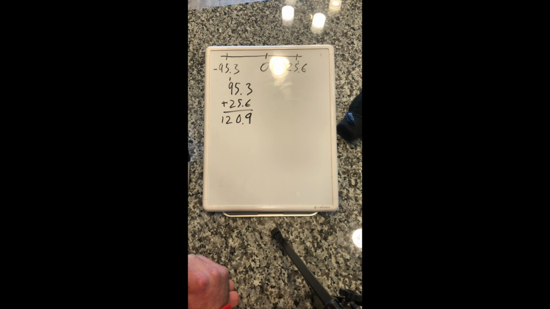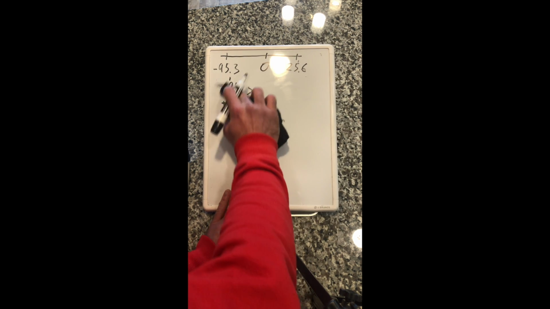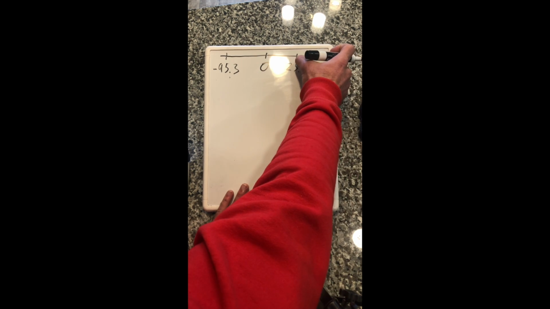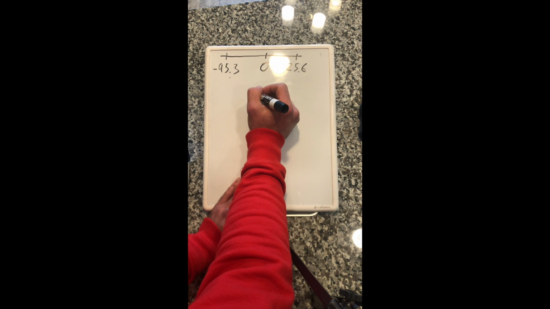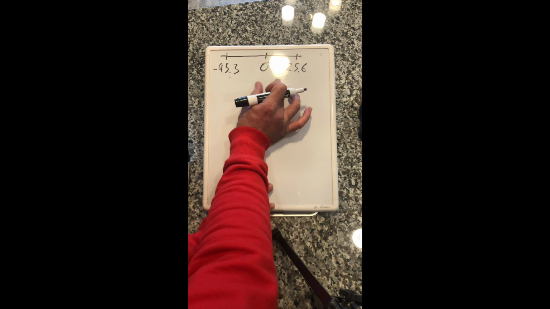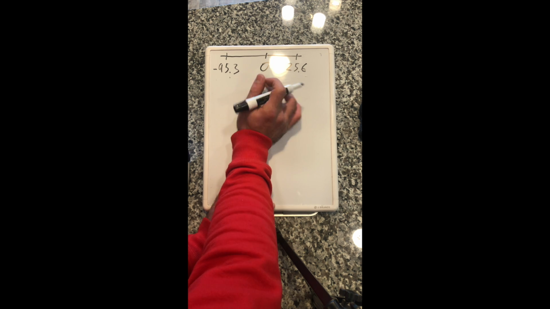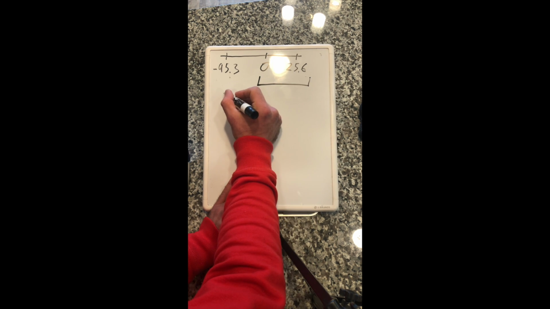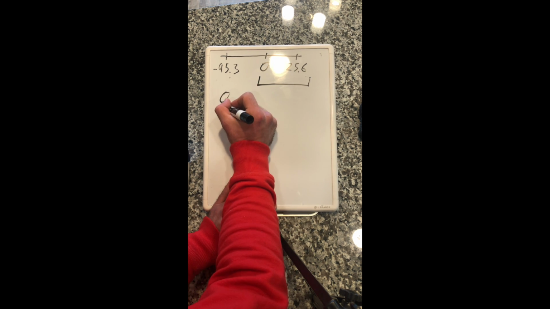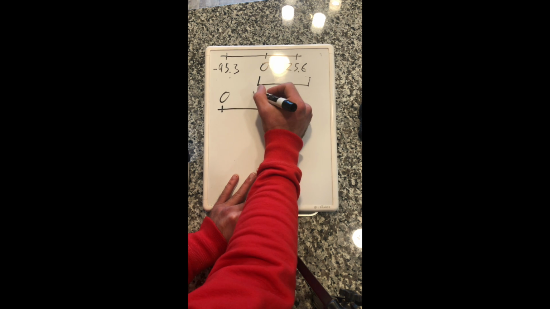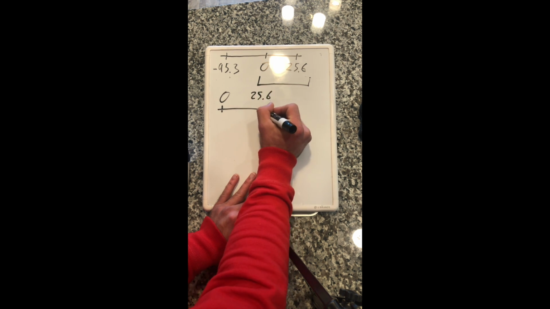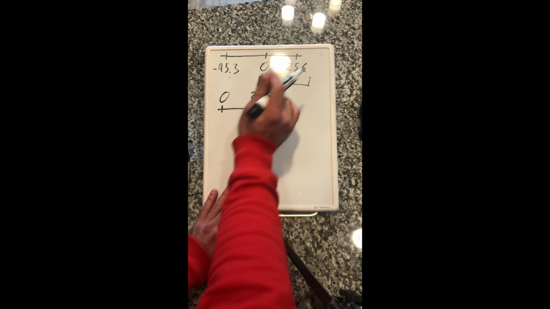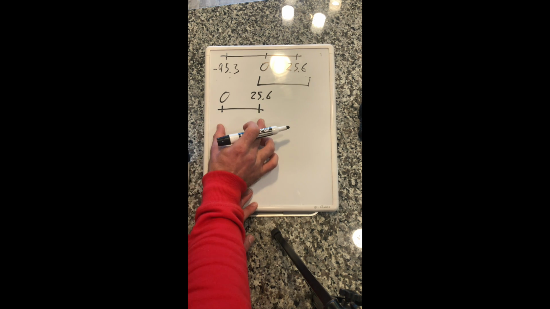But what we do in mathematics right now in order to visualize this, we take these two values and we combine them together. So let's just take this segment right here and isolate it. So you have 0 to 25.6. And what we do in math is we decide to bring this over here, like that.